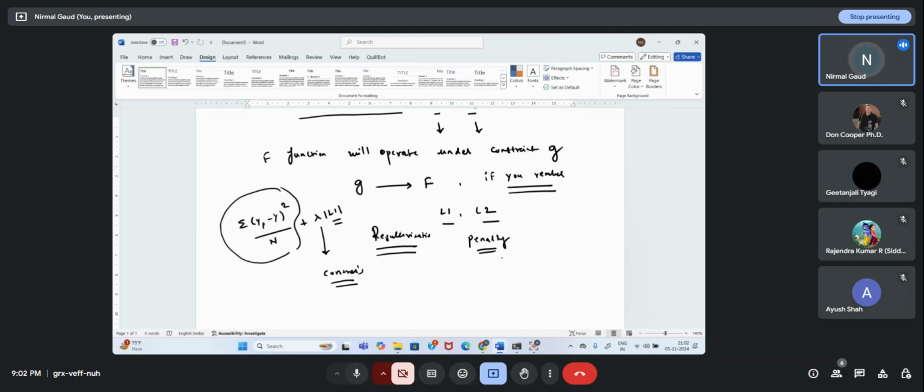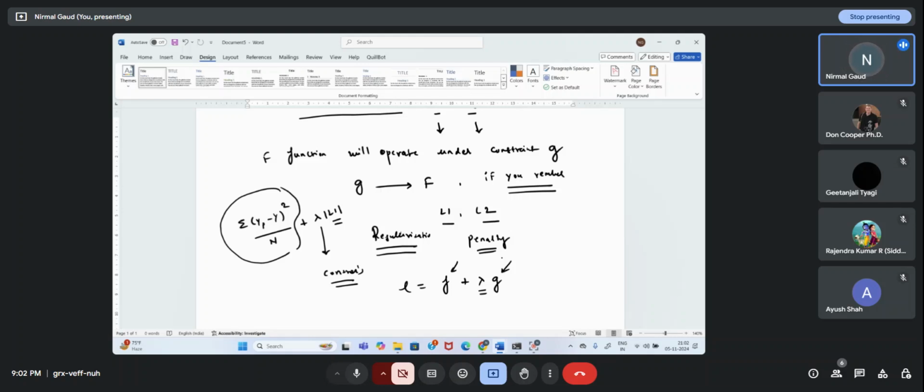Same thing is happening here in this equation. If you see f plus lambda g, this is equal to L. This is your objective function, this is your constraint, and lambda is the Lagrange multiplier. It is controlling the impact of g on f.